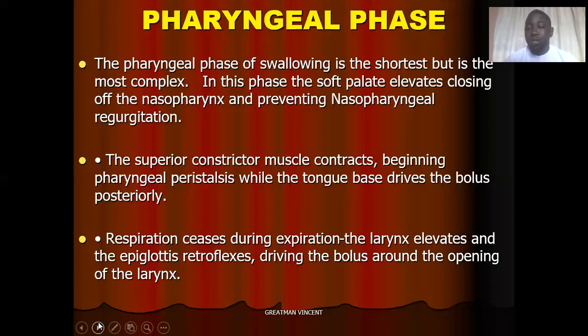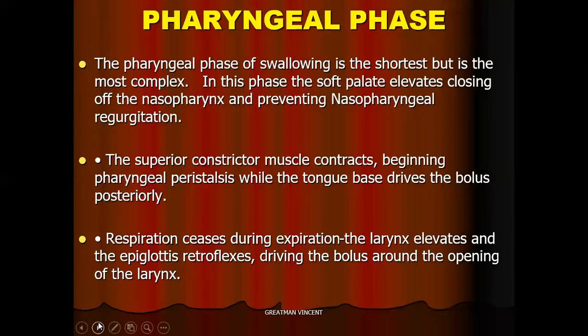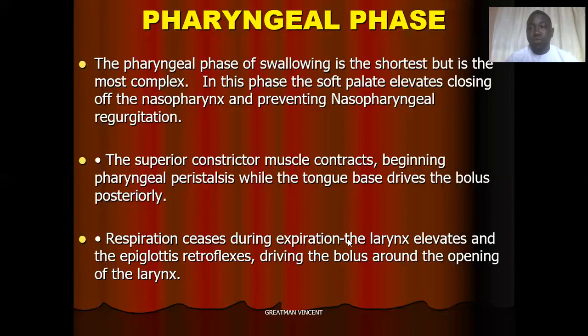Because of the elevation of the uvula, and then the elevation of the soft palate, closing the nasal cavity, at the same time, the retroversion of the epiglottis closing the larynx, and the approximation of the vocal cords, even if you manage to breathe, it won't get to the desired destination. And at this phase, respiration is being ceased.